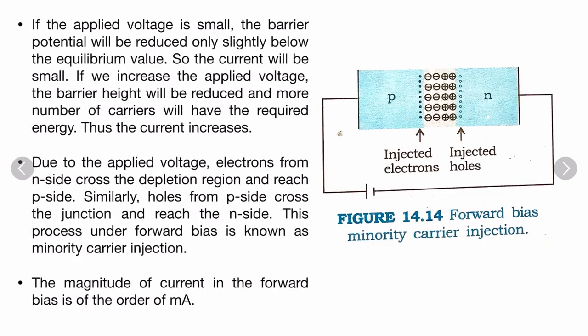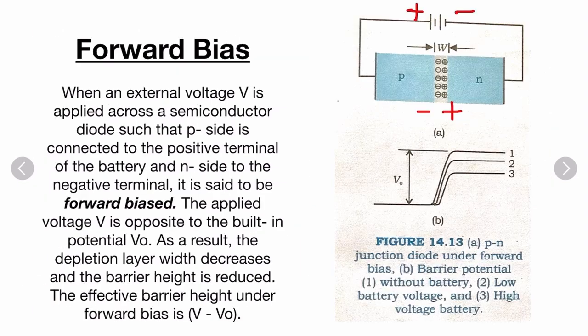Now you can see here, if the applied voltage is small, the barrier potential will be reduced only slightly below the equilibrium value. So the current will be small. If we increase the applied voltage, the barrier height will be reduced and more carriers will have the required energy, thus the current increases. So let's go back and see here. You can see 1, 2, 3 here. 1 is without battery.